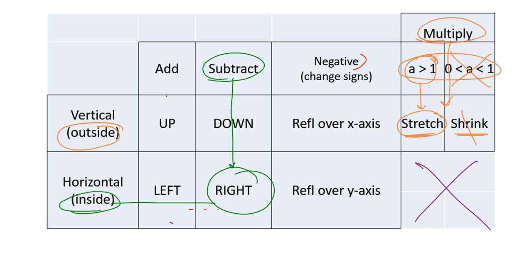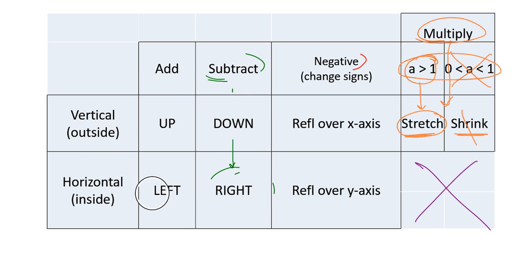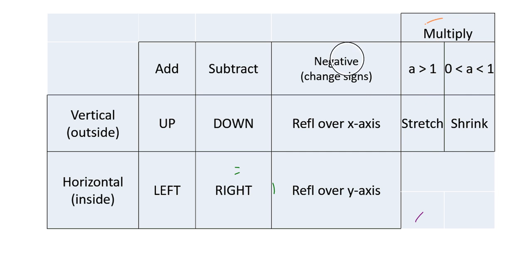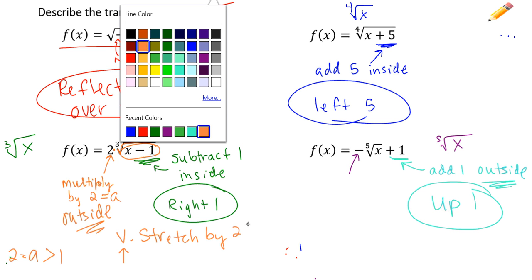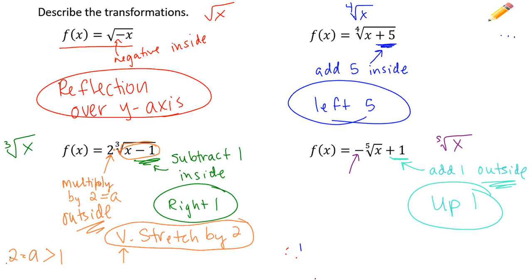Cheat sheet says, okay, when we go outside and we add, okay, outside add, that means our change is that we went up and then you tell it the number by, up 1. Circle this guy back here. All right, let's talk about the other change.